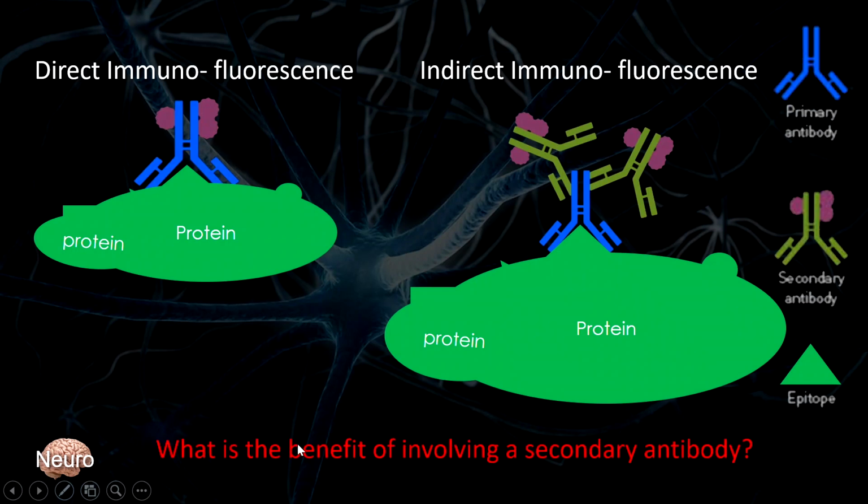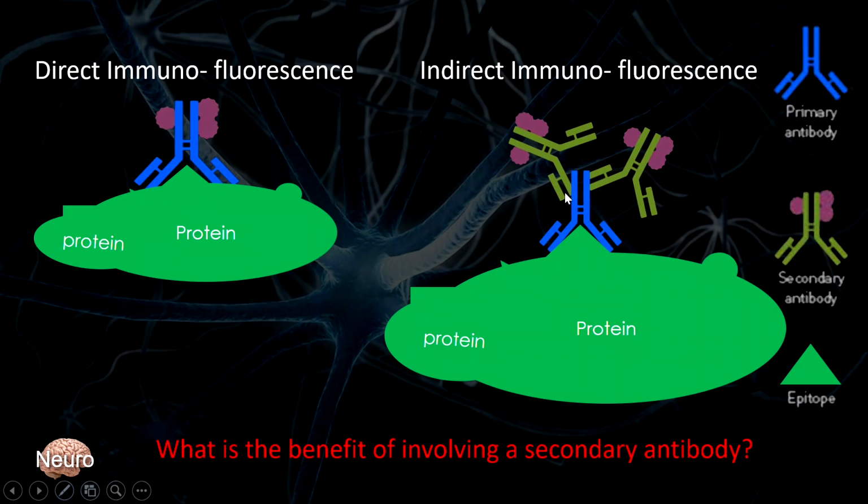So what is the benefit of involving a secondary antibody? The answer is you can have a stronger signal. In this situation, you only have space for 3 fluorophore molecules. Fluorophore molecules are very small, but still they take space, right? You don't have enough for more.